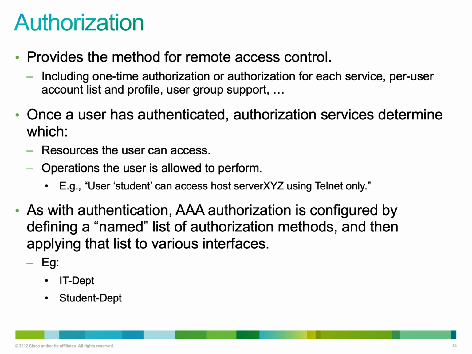For certain transfer, local transfer, or Western Union transfer or reception, you need to get authorization from the head of operation. So authorization tells what resources the user can access in a network.